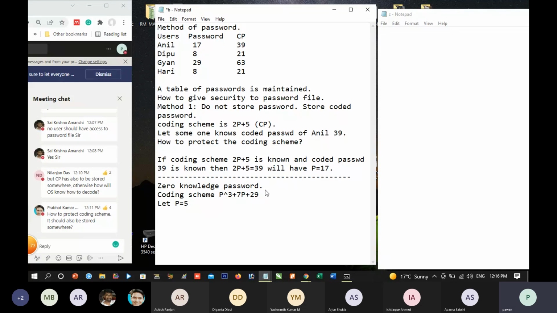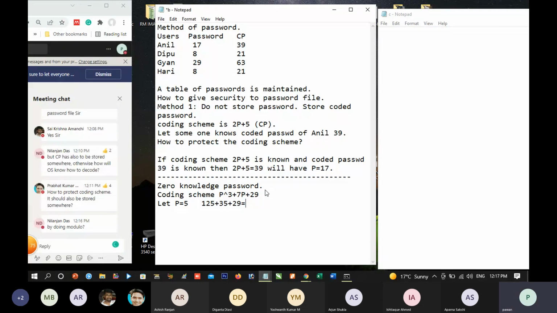So 125 plus 35 plus 29 is equal to 189. Modulo can be done, and rather it is done. We shall be coming to the modulo a little bit later. Each coded password.